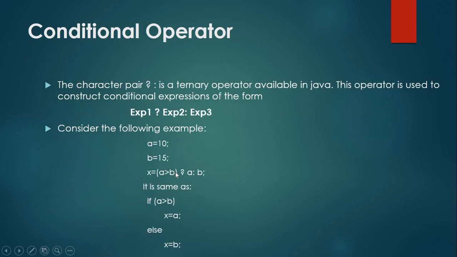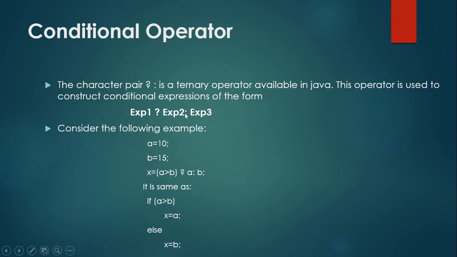Okay. Next operator is the conditional operator. In the conditional operator we have a pair of question mark and colon: exp1 ? exp2 : exp3, where exp1 means expression 1.